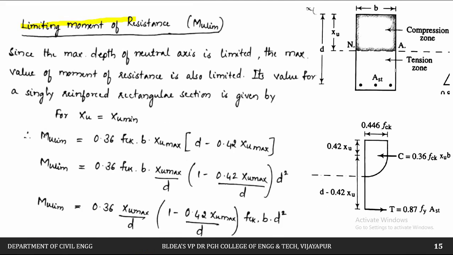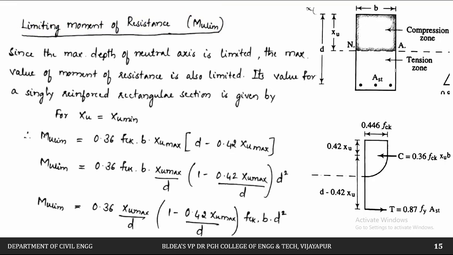Next, now that we have calculated the maximum depth of the neutral axis, we will try to calculate the limiting moment of resistance, Mu lim, that is the moment of resistance for a limiting section.